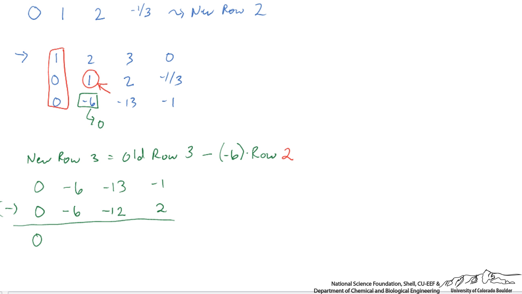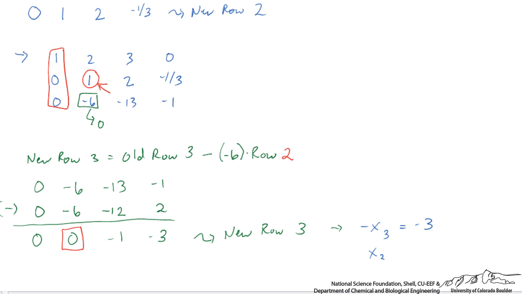Negative 6 minus negative 6 is 0, and that's why we're doing this transformation, because now we've converted that x2 coefficient in the third equation to 0. This is our new row 3. If I write this in terms of x's, we see that this is in the form negative x3 equals negative 3.